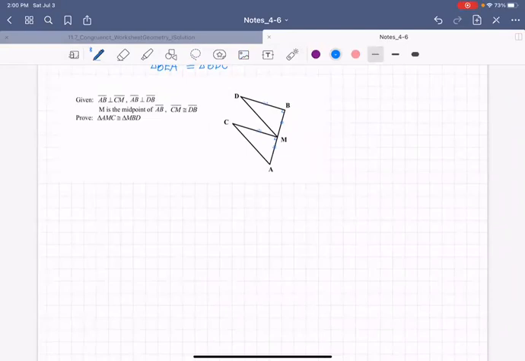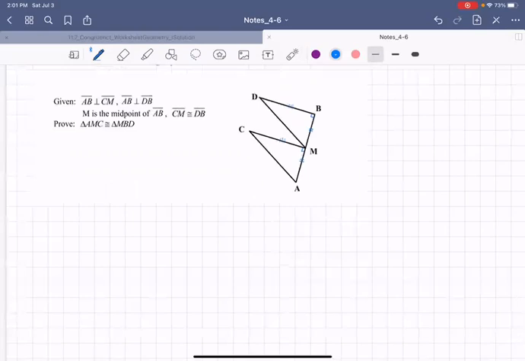You want to use which way? Flow chart. Okay, go ahead. Given line AB is perpendicular to line CM. Okay, next.